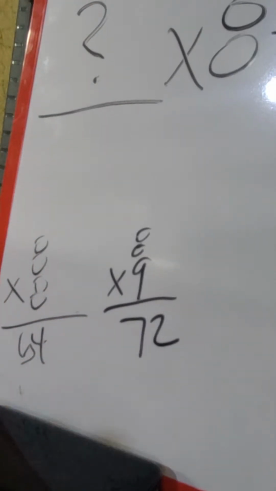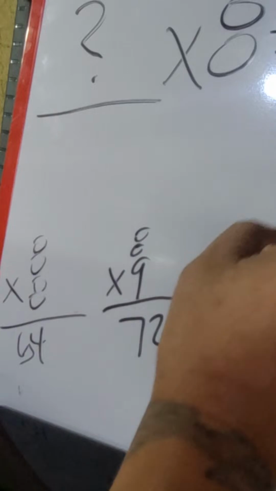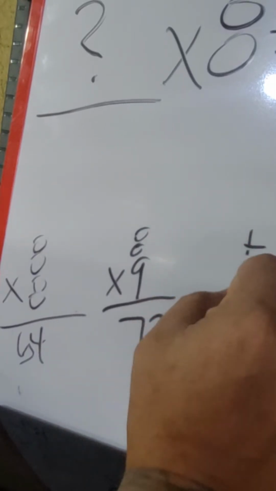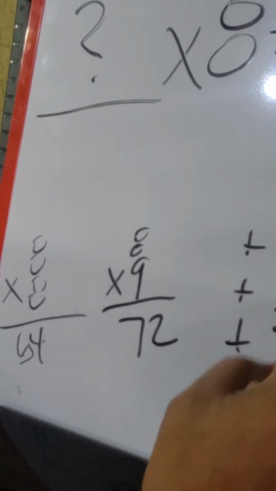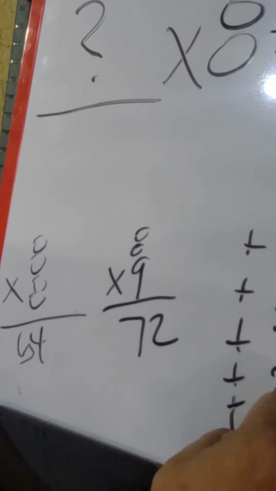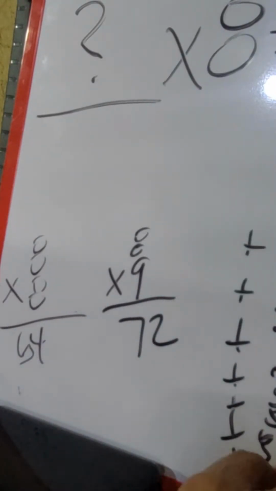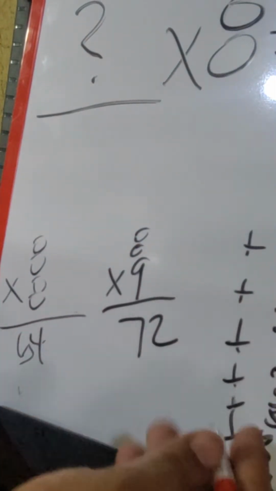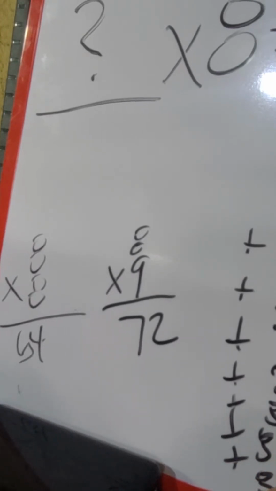Like remember how you were counting? 8 plus 8 plus 8 plus 8 plus 8. 1, 2, 3, 4, 5, 6, 7, 8. So you add those, right? You'd be like, oh, you don't have enough fingers to count all that, right? Then when you finally figure out the answer, you're like, oh, wait a minute, it's 64.